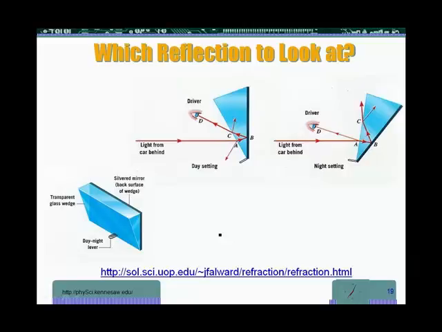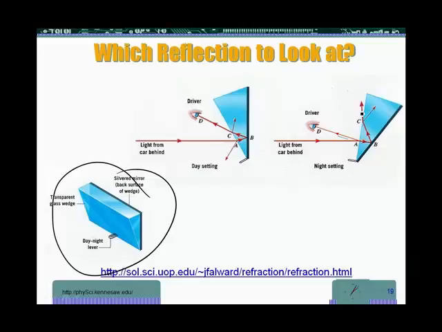Now, what's the idea behind that? This is our rear view mirror, and this is the lever. What happens is we have two surfaces, a surface in the back, a surface up front. Light is going to be reflected off both surfaces, the front surface or the back surface.